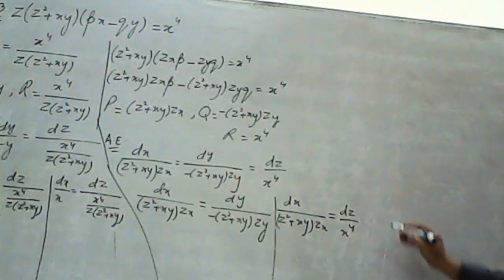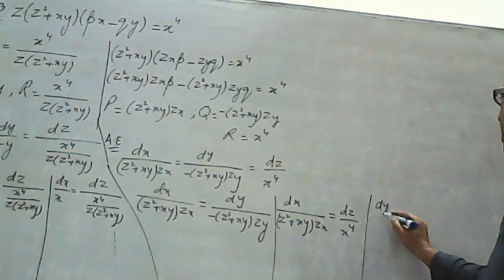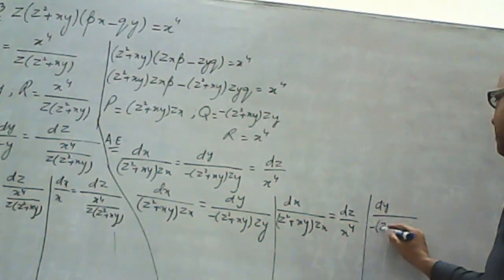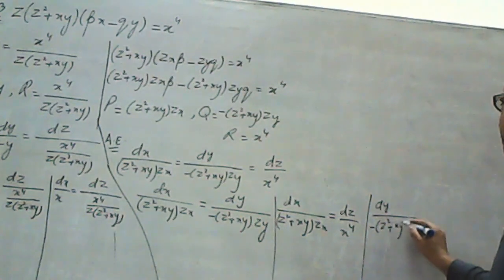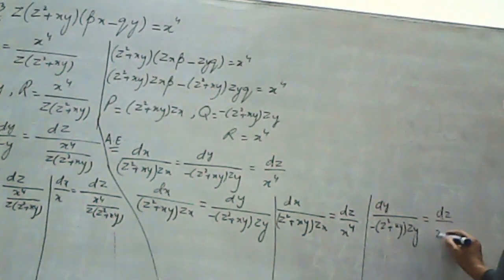And then pair number 3, I am writing pair number 3 here, that is dy over minus z square plus xy zy equal to dz over x power 4.